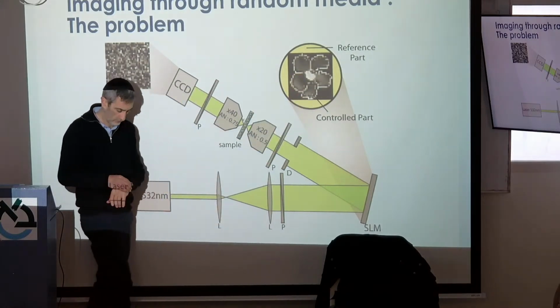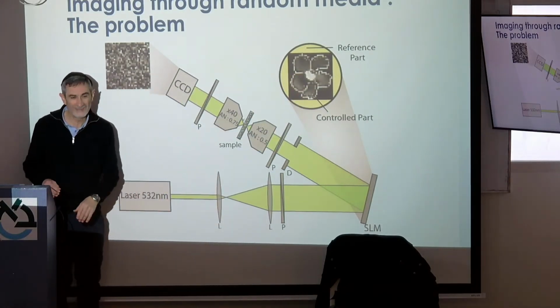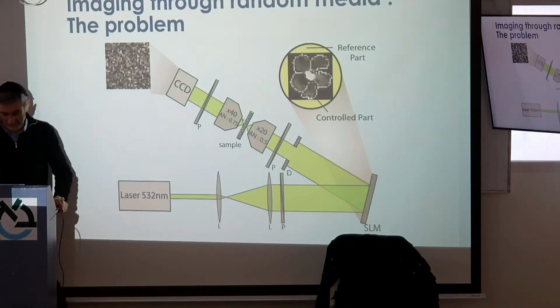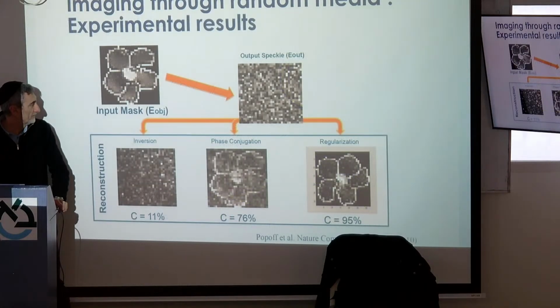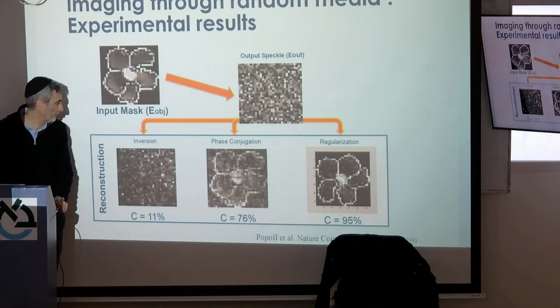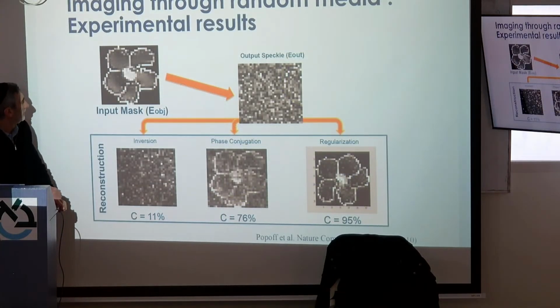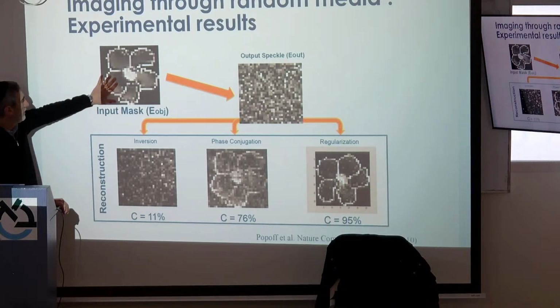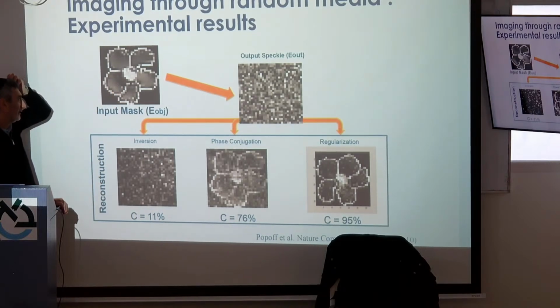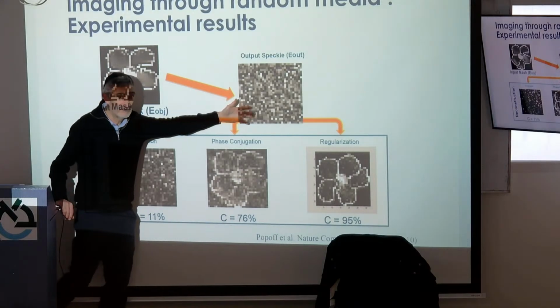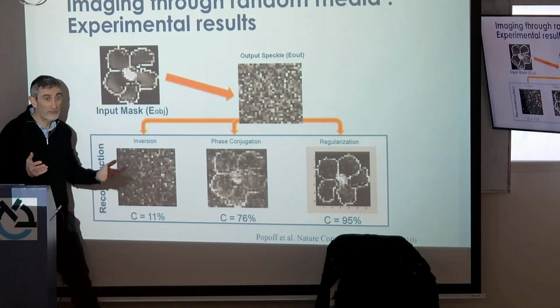Oh, you didn't stop me, by the way. So maybe I finish with that, just to show you some results. That's the input mask. That's what you would see through the scattering medium: nothing, just a speckle pattern.